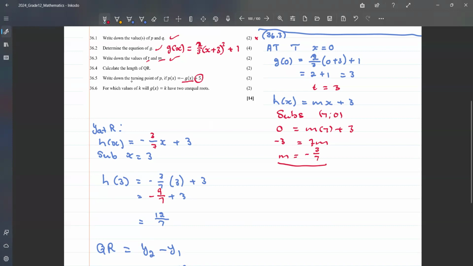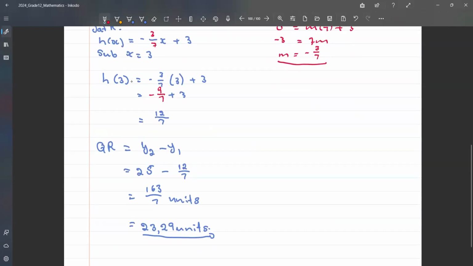So there was a reflection on the x-axis, meaning that the y coordinate of our turning point was reflected to be negative, or the whole function was reflected to be negative, and then to face down, and then it was shifted by 5 units up. This is a two marks question.